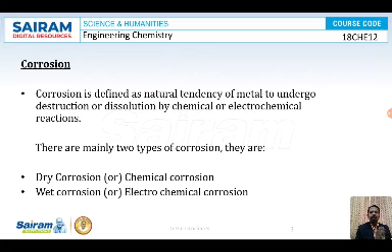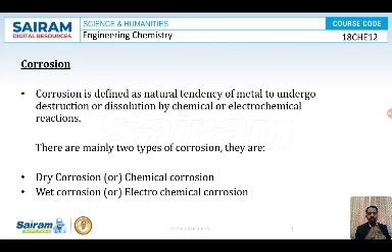So why do metals undergo corrosion? We extract metals from their ore through metallurgical processes, right? When we extract metals, we get a pure metal. The metal in the ore form is the ground state. In the metallurgical process, we are supplying energy, so taking this energy, the metal goes to a high energy level.